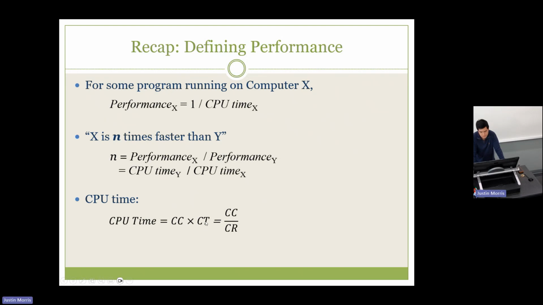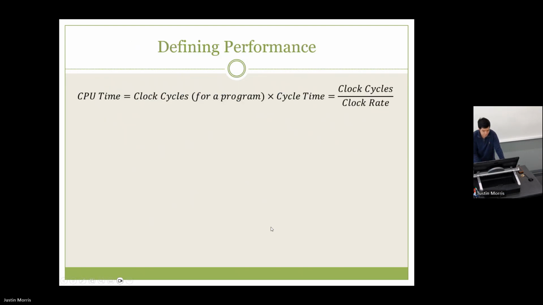And we also know that cycle time is 1 over clock rate. So we can substitute clock rate in for cycle time. So this is our performance equation. And on Wednesday, we will talk more about expanding this equation to solve for the number of clock cycles.